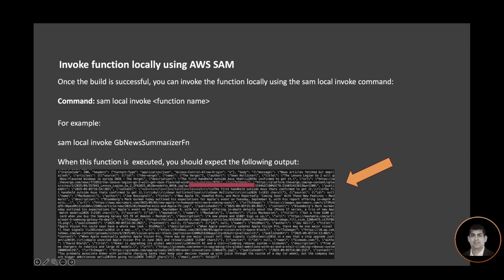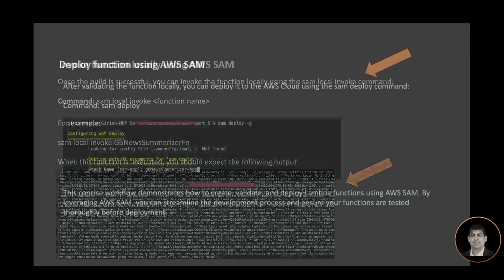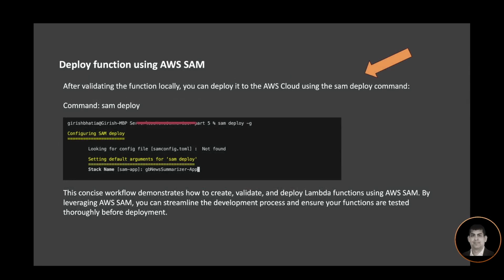When I do that, I will see the output, and the output in this scenario doesn't look very clean, but it's returning the news. And then you will see that the function formats it when we look at it in the email summary.